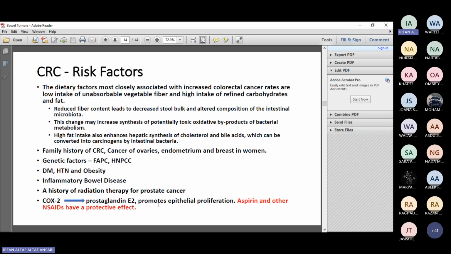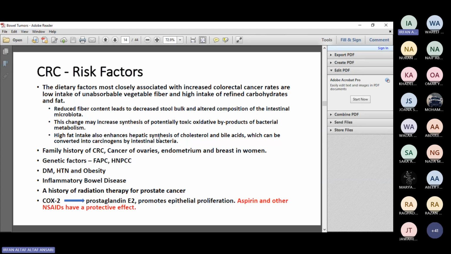The higher the bulk of the stool, the more it leads to increased motility and increased passage of the stool. When there is a reduced bulk, the stool with these toxic nutrients from the high refined carbohydrates and fat will stay for a longer period of time in the colon, and that will lead to the synthesis of potentially toxic oxidative byproducts of bacterial metabolism.